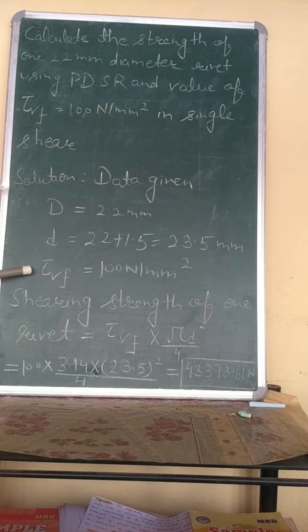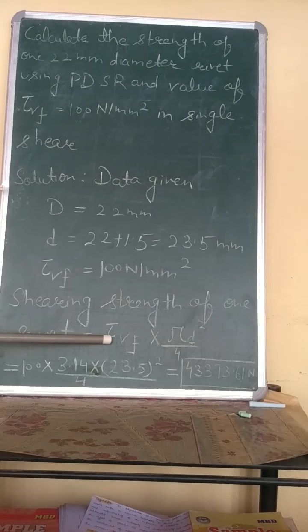But we have tau VF, that is already given in this question, that is 100 Newton per mm square. So how to calculate the value of shearing strength of one rivet? Putting all the values in the equation, tau VF into pi d square over 4.